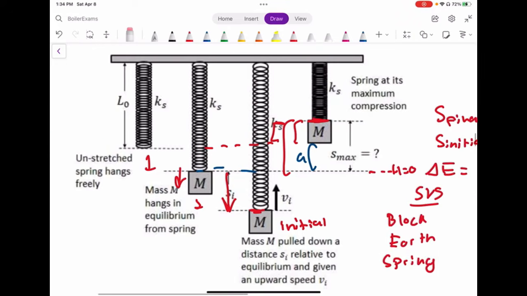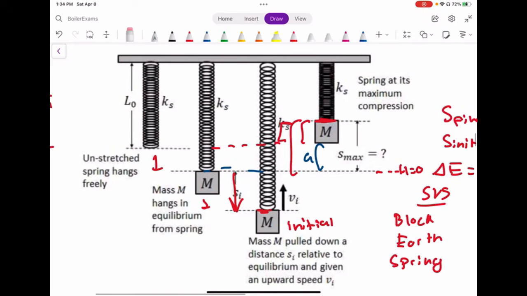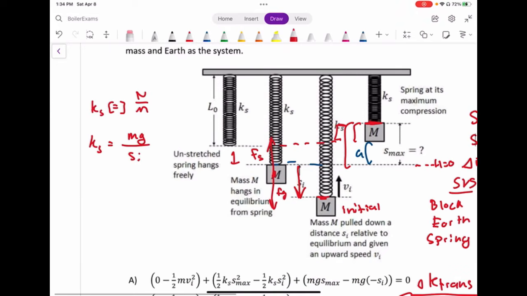Perhaps let me explain it this way too. If we did a force balance on this mass, you've got a force of the spring pulling up, and then you have the force of gravity going down, and they have to be equal.